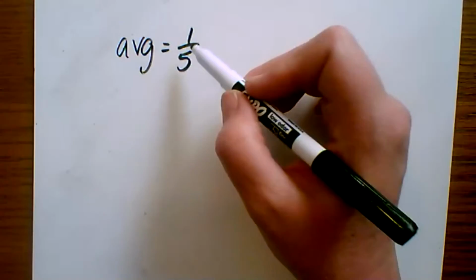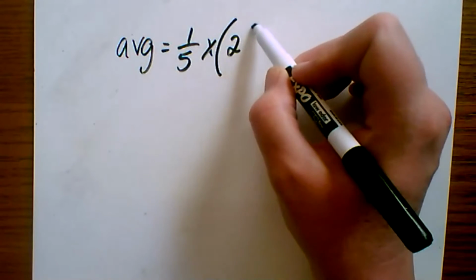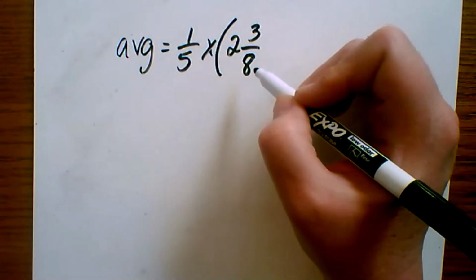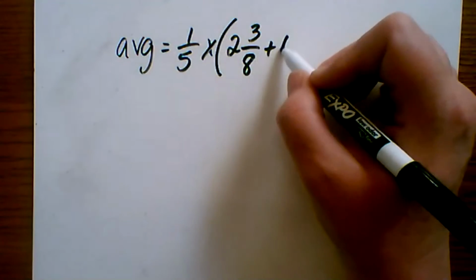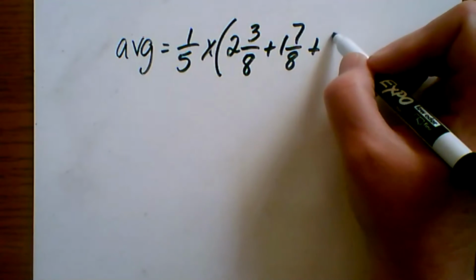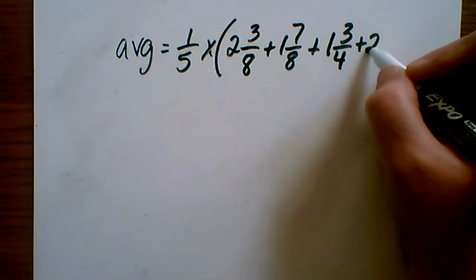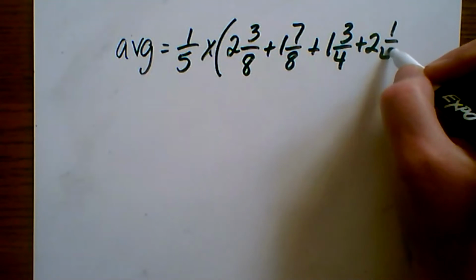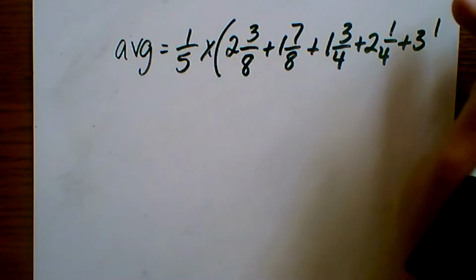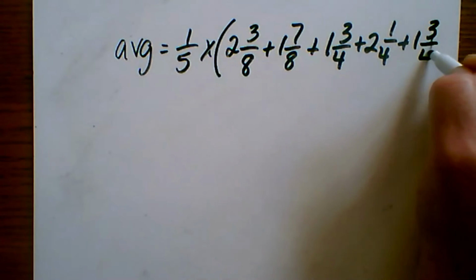So we have 1/5 times 2 3/8 plus 1 7/8 plus 1 3/4 plus 2 1/4 plus, sorry, not 3, plus 1 3/4.